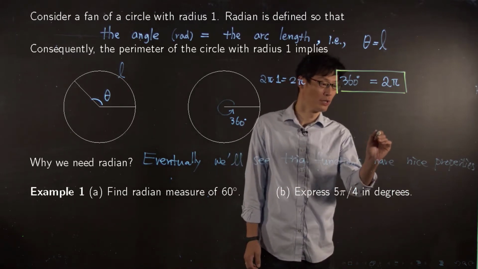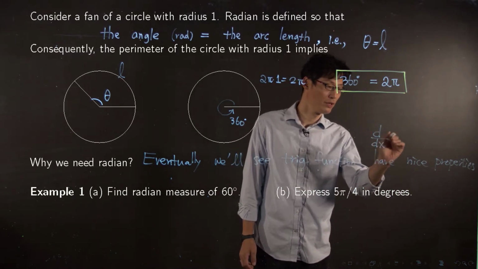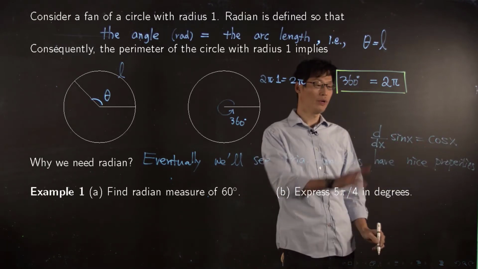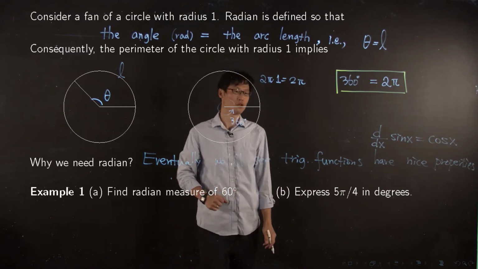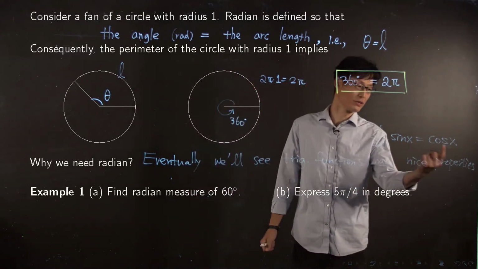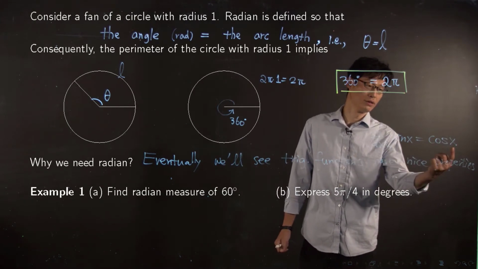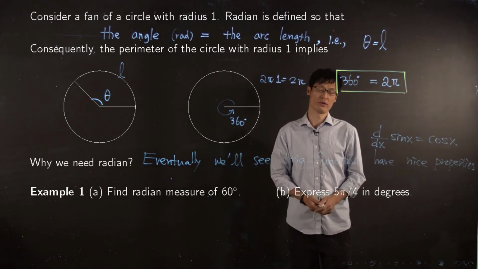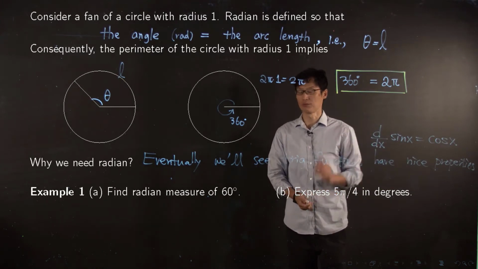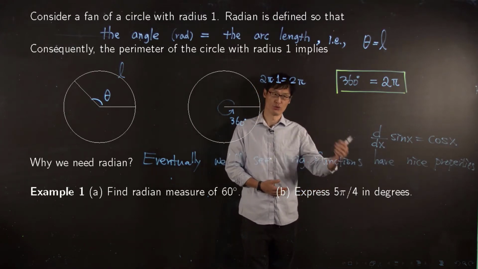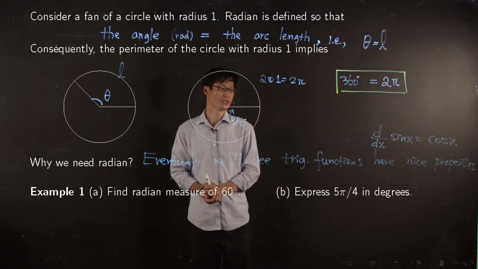So for example, the derivative of sine is exactly cosine. Well, this is true only when you use radian for this angle. If you use degree, this identity is not true any longer. So that's one example, but eventually we will see nice properties when you use radian measurement.